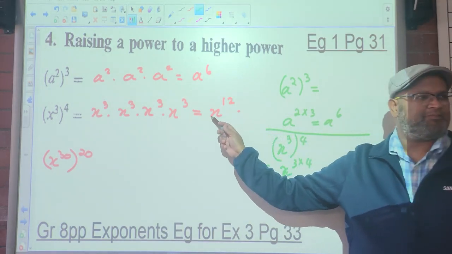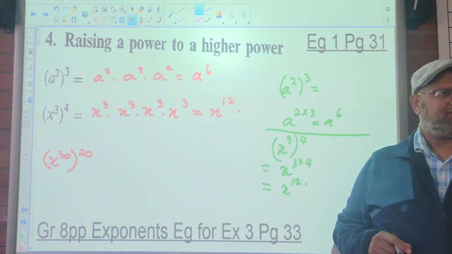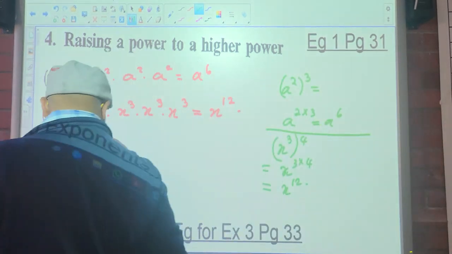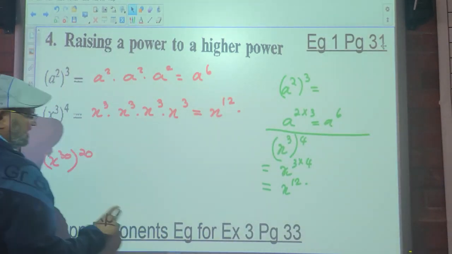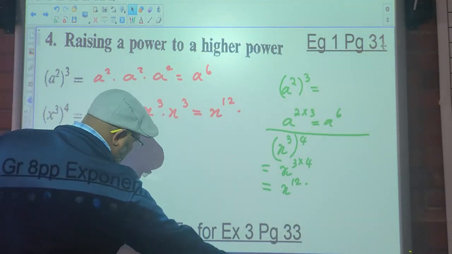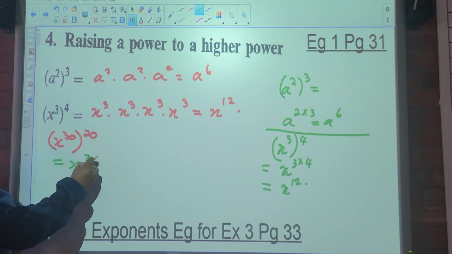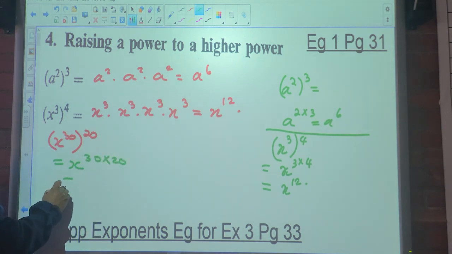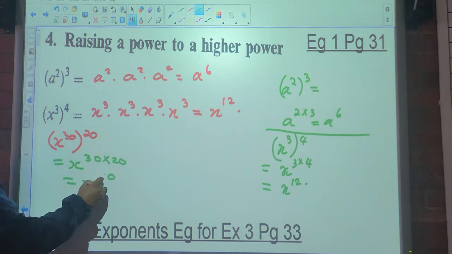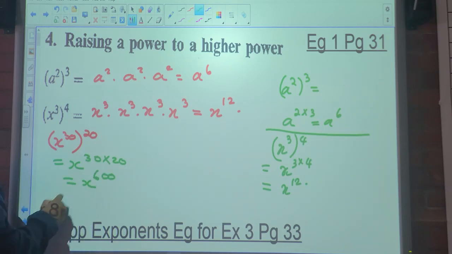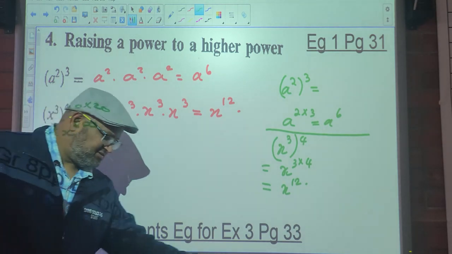What if I have x to the 30 raised to the 20? That will be x to the 30 times 20, and 3 times 2 is 6, so it's x to the exponent 600. Is there any confusion?